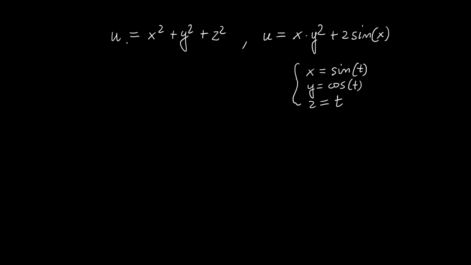Obviously these are two separate cases, they can't hold together, but u might depend on three variables like that. It's really up to our invention how it will depend on those variables. In any case, the chain rule is like this.